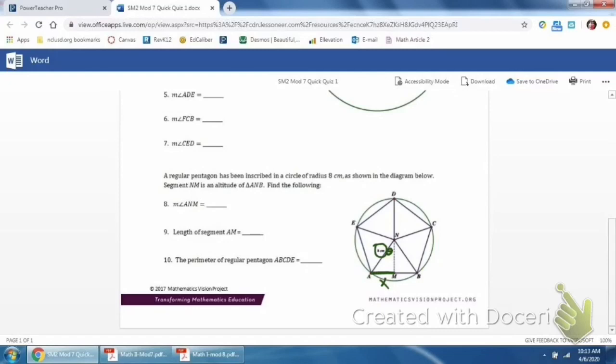Opposite and hypotenuse is sine, so set up sine of theta, whatever number you get, equals x over 8. Multiply both sides by 8 and you get x by itself: 8 times sine of your angle. That'll get you segment AM.